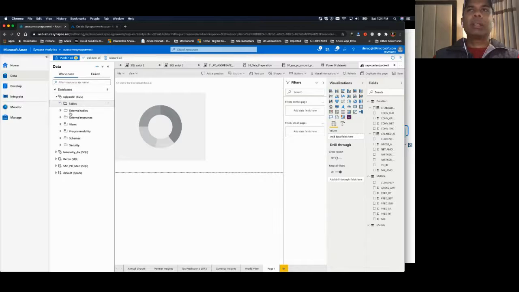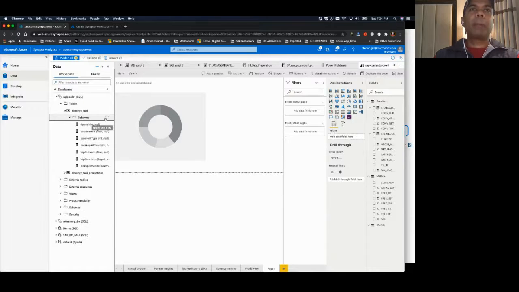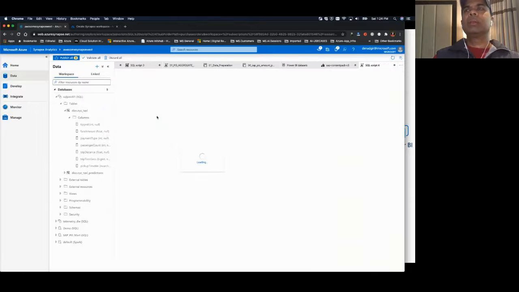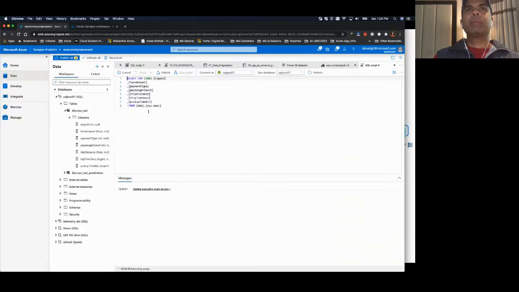I'm going to take a different example over here where I've stored a simple table where there are different taxi rides happening. This basically stores, let me just show you that column, in case you get an idea of what is happening here.